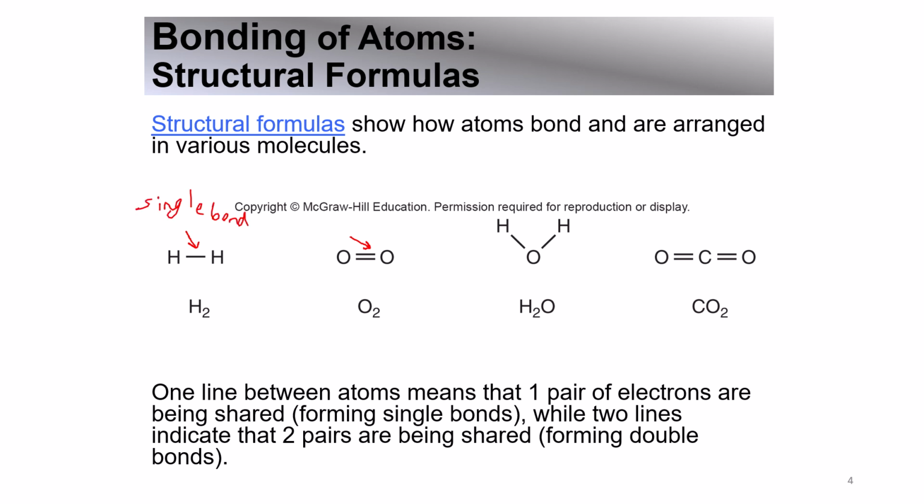But this really means that only one pair of electrons is being shared. Between the 2 oxygens, 2 lines represent a double bond. So a double bond just means that instead of 1 pair being shared, it's 2 pairs.